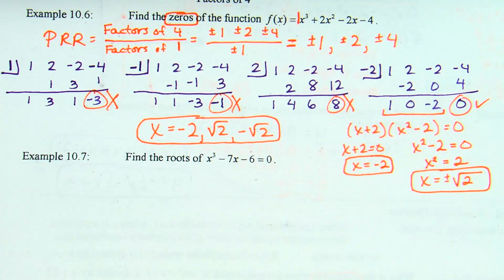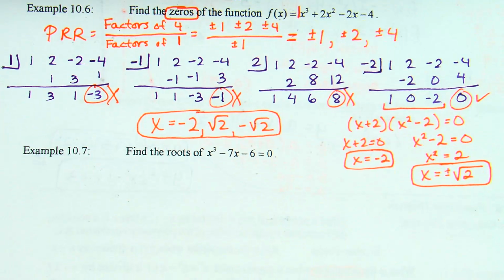Okay, example 7. Find the roots. I'm looking at this and trying to, I must have just shortcutted it last year because we were running short on time. Because I just have one root working and went from there.